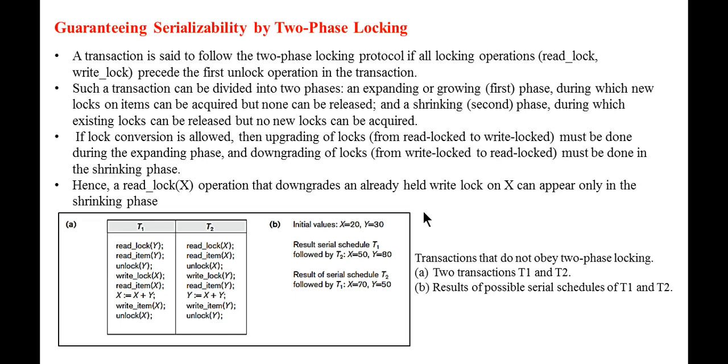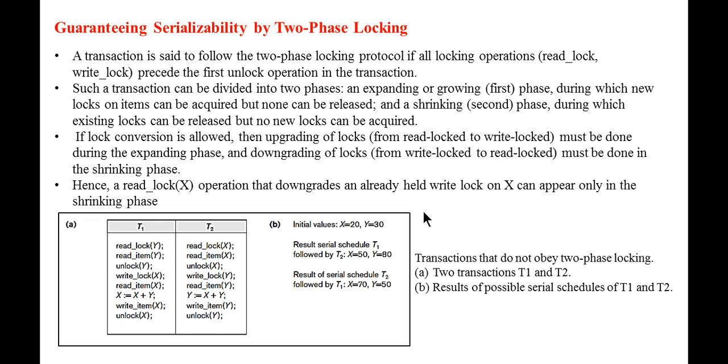It means that in a transaction, all the lock operations must appear before the first unlock operation. Only then can we say that the transaction satisfies the rules of two-phase locking. And two-phase locking guarantees serializability. If it is not supporting two-phase locking, then definitely the database will be in an inconsistent state after execution of a schedule.